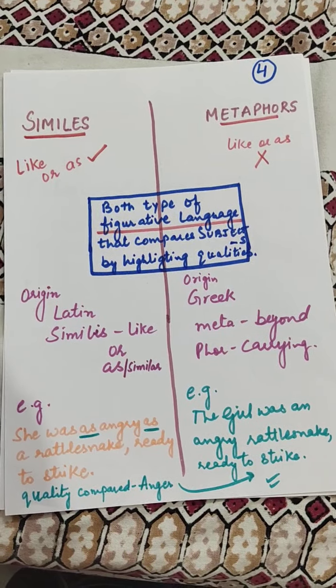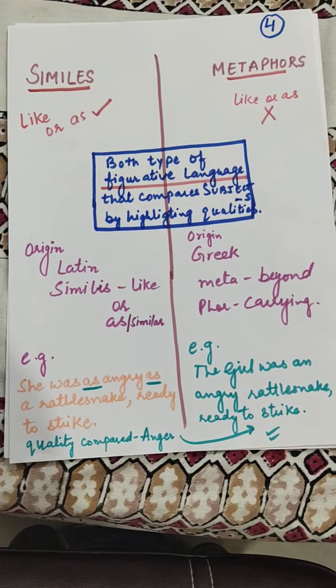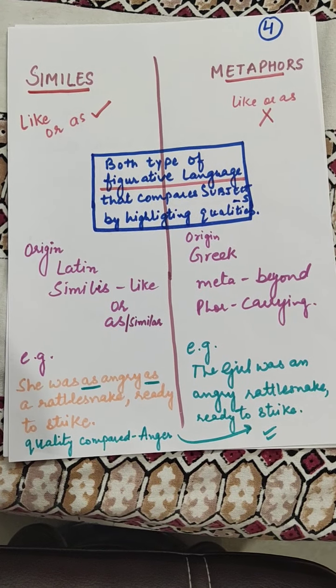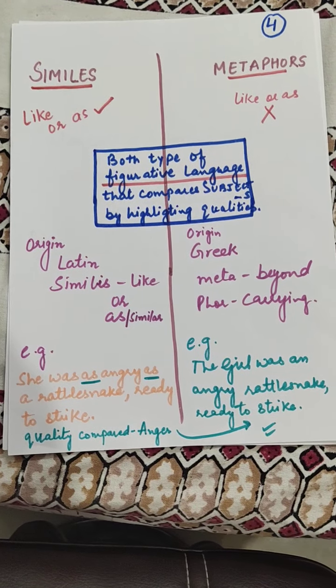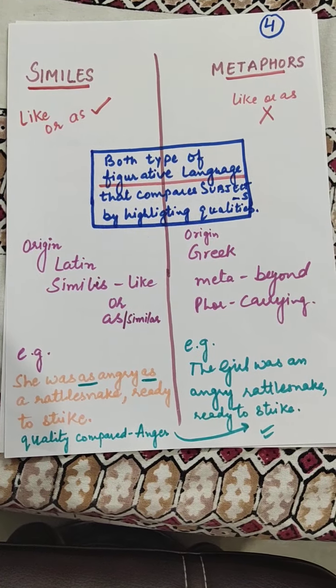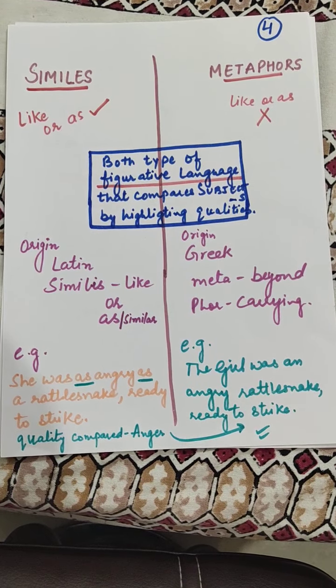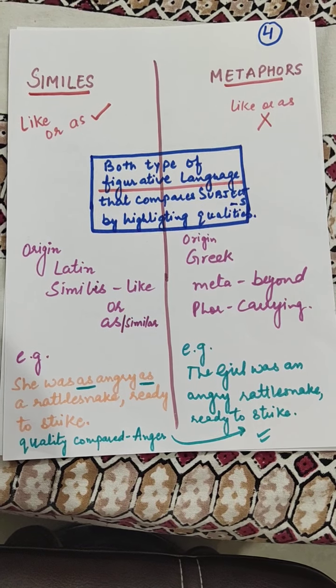Now, here is a chart showing the similarities and differences between similes and metaphors. Simile uses words like or as, whereas metaphors do not use like or as. Both are the type of figurative language that compares subjects by highlighting their qualities.